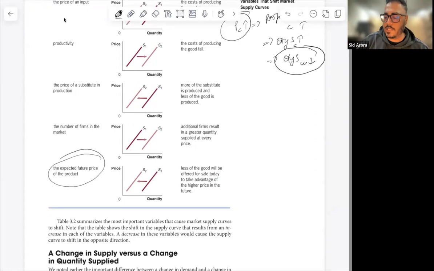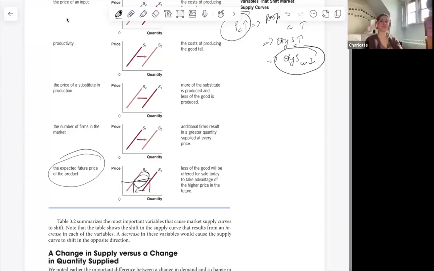So today you would want to sell less. That results in a leftward shift in the supply curve because you'd want to supply less today. So the supply goes down, from here to here, without a change in the price. So the curve shifts to the left.